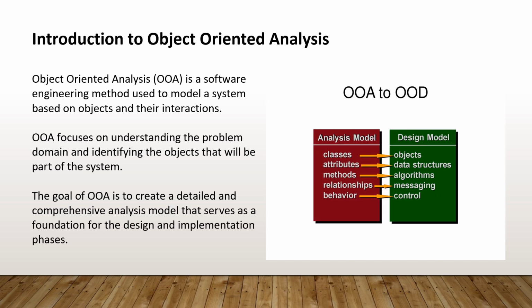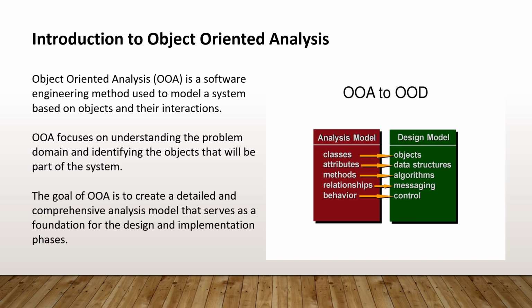Object-oriented analysis is a software engineering method used to model a system based on the objects and their interactions. It focuses on understanding the problem domain and identifying the objects that will be part of the system.